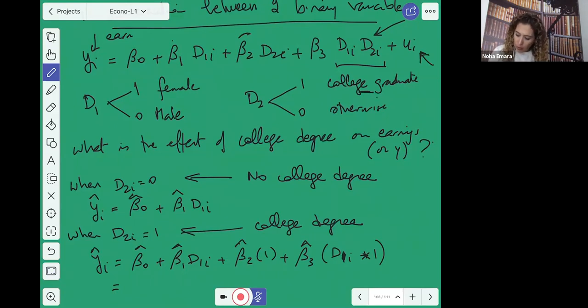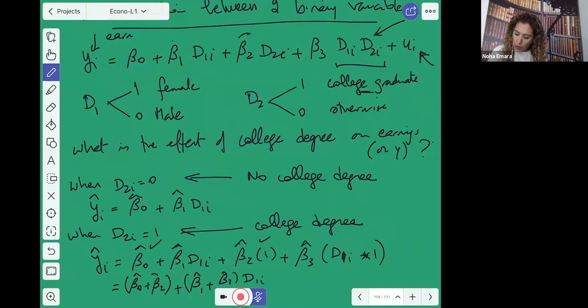Now let's combine them. I have a constant here and a constant here. So my new constant would be beta hat naught plus beta hat 2, right? My new slope on D1i would be beta hat 1 plus beta hat 3.